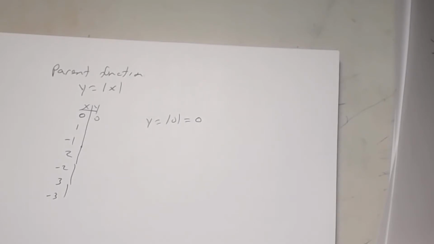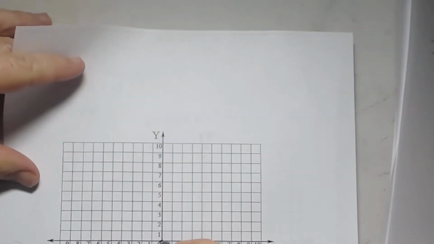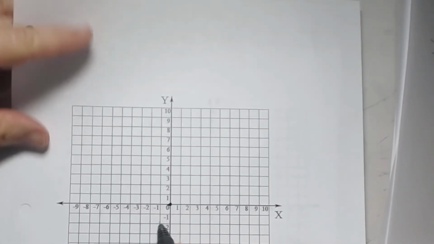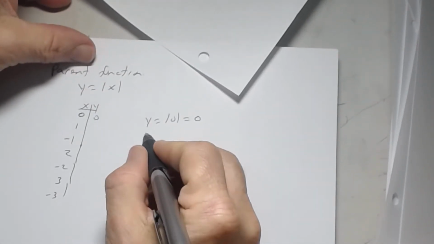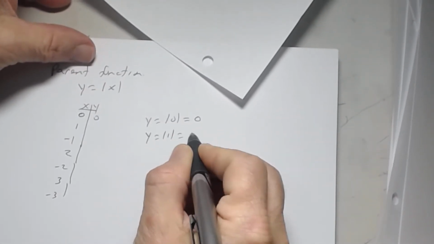Okay. All right, so I plot the point 0, 0, which is the origin. If x is 1, I get y equals absolute value of 1, which is what?